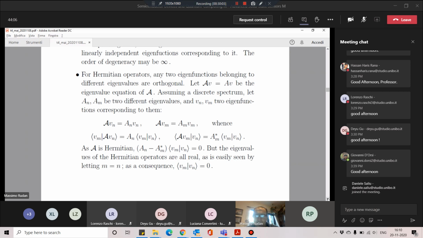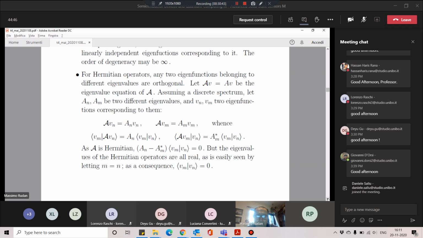So we say let Vn be one of the possible eigenfunctions corresponding to An, and Vm one of the possible eigenfunctions corresponding to Am. In any case, these two eigenfunctions fulfill the eigenvalue equation, so it is correct to write down, as we can see in the equation, operator A applied to Vn must be equal to the corresponding eigenvalue An times Vn.